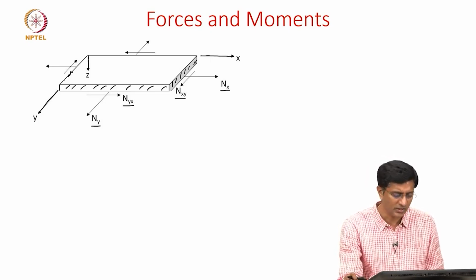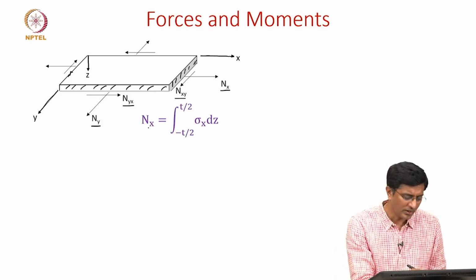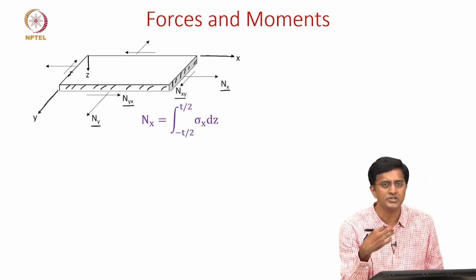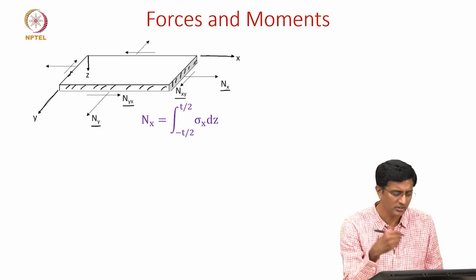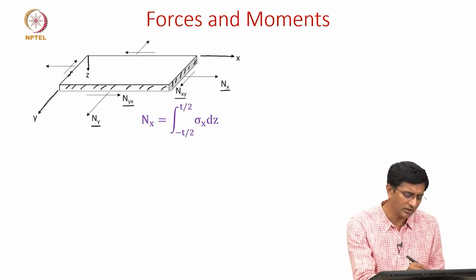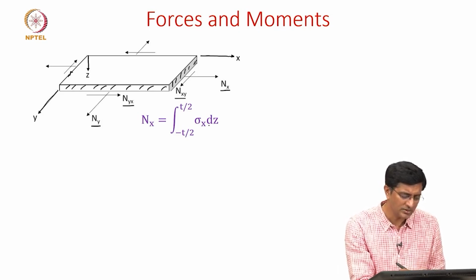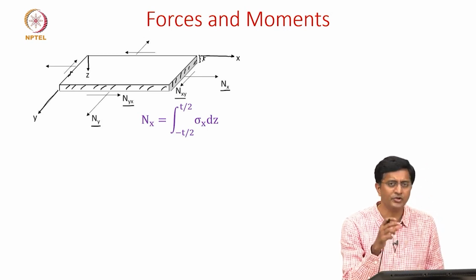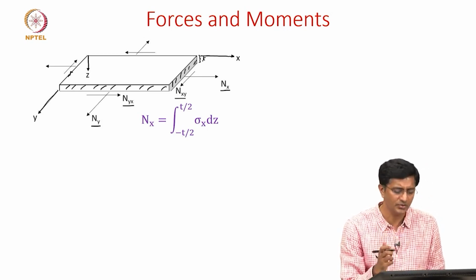So starting with Nx, we can write it as, anytime, force is stress times the cross section area. In this case, we'll take the thickness dz going from minus t by 2 to t by 2. So we are considering this thickness t, and for the width we will consider it as unit.